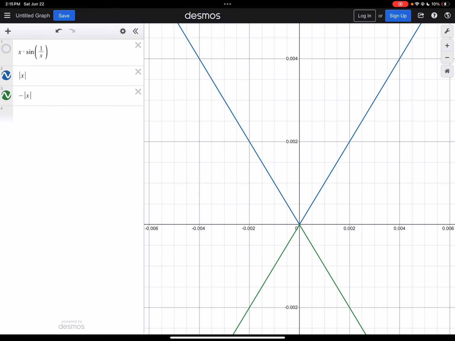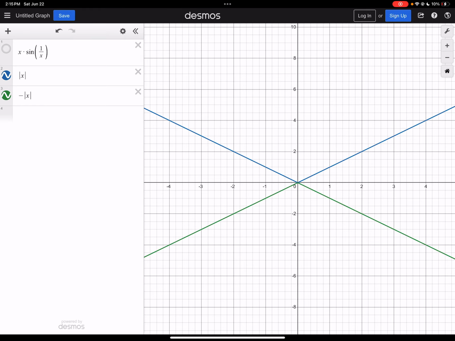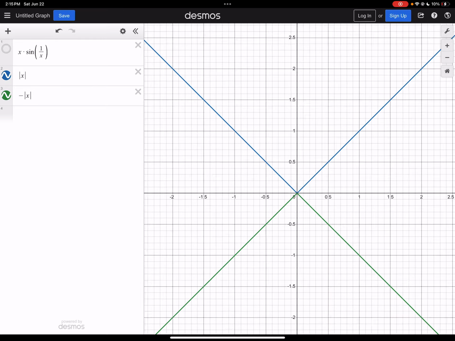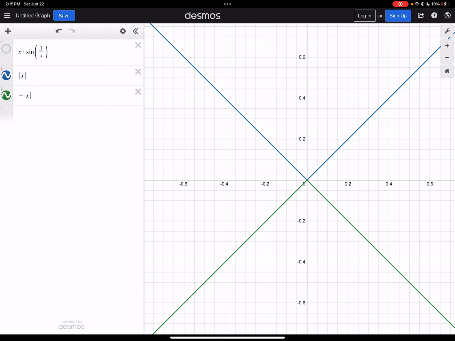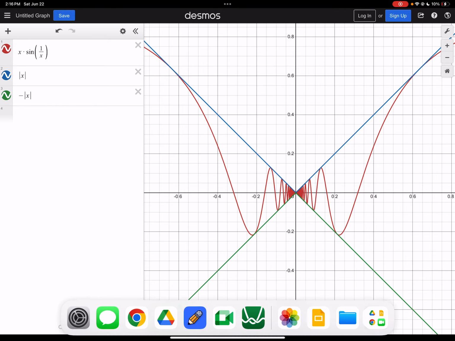As I take the limit of the absolute value of x as x approaches 0, and the limit of negative absolute value of x as x approaches 0, you'll see that it's going to approach 0. So this tells me that the limit of x times sine of 1 over x as x approaches 0 is going to give us 0.